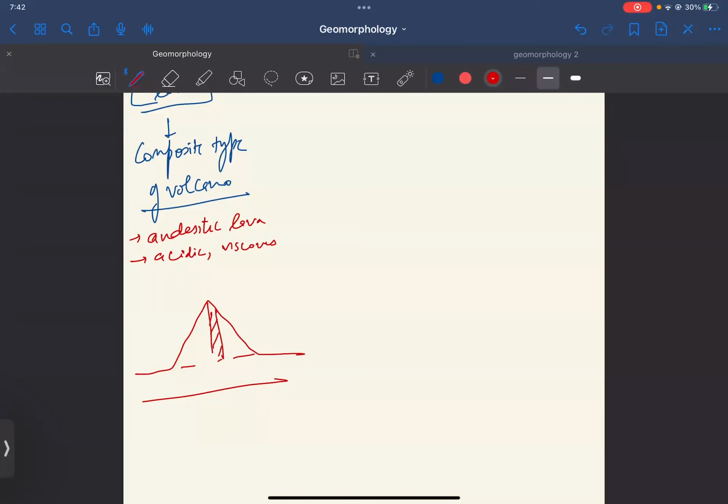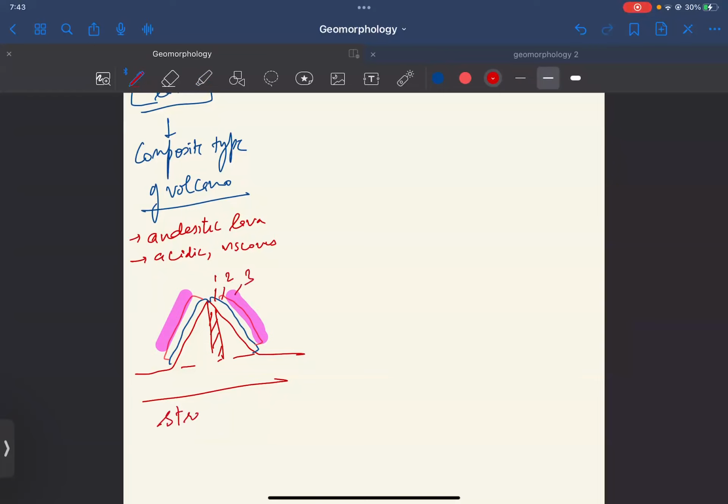Now what will happen? First layer of magma is deposited. Again eruption takes place, second layer of magma. Again eruption takes place, third layer of magma. So what is happening? Layers of magma are getting deposited: first layer, second layer, third layer.